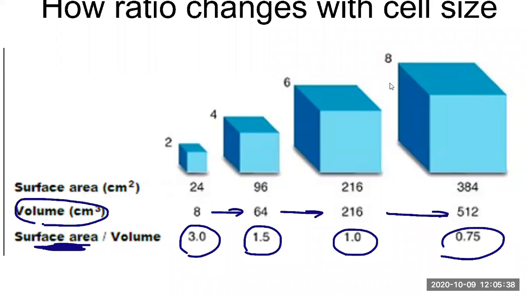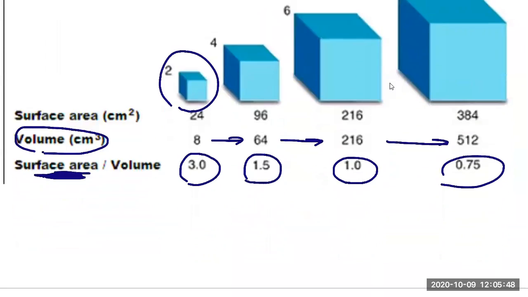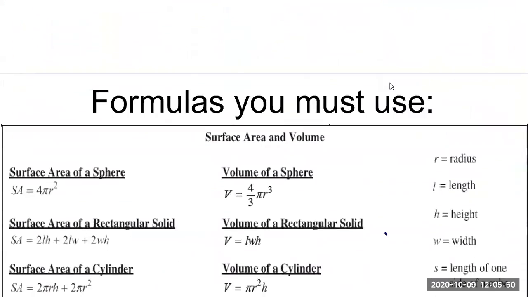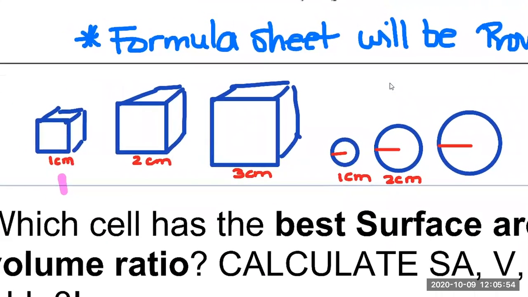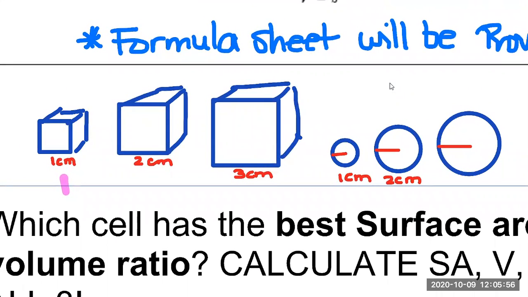Now, that would tend to make you think that the smallest cell is always going to win this battle. But keep in mind that that's only going to be true if all the cells are the exact same shape. So if you were to get this picture, I'll come back to those formulas, on the AP exam, and they asked you which of these three cubes is going to be the most efficient for getting things in and out, yes, your answer is going to be the smallest one.